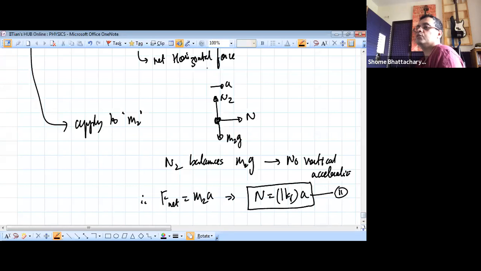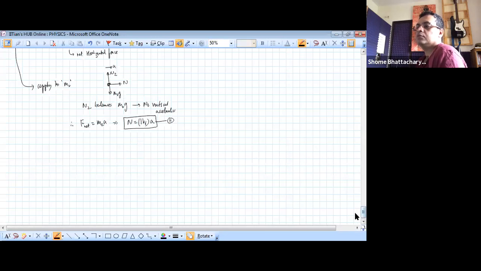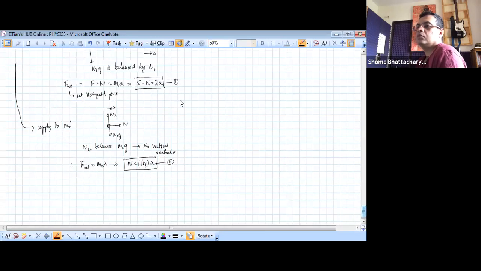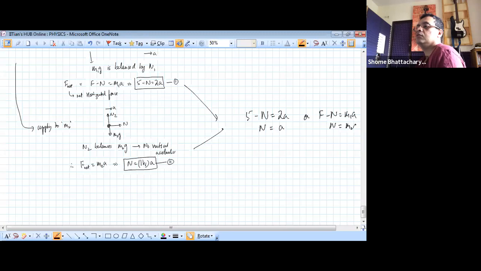And now all you have to do is solve these two equations. Or F minus N is M1a and N is equal to M2a.